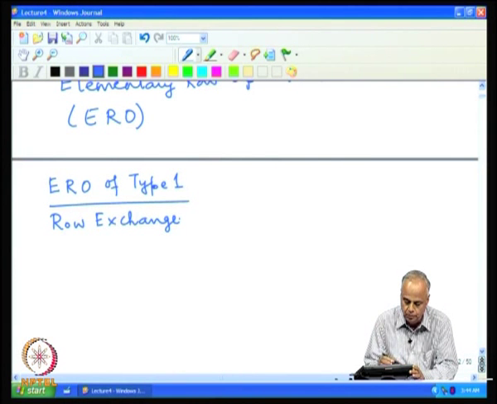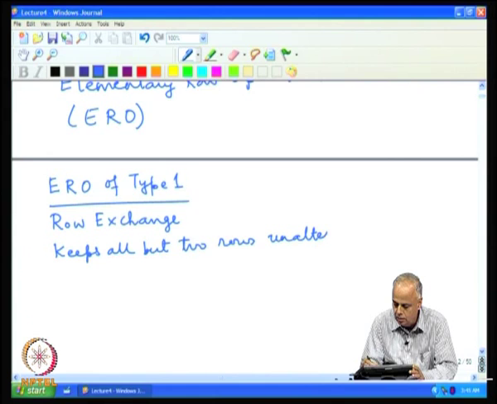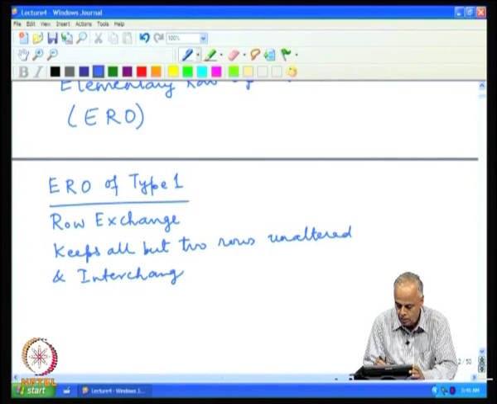What does this do? Keeps all but two rows unaltered, then interchanges the position of these two rows.